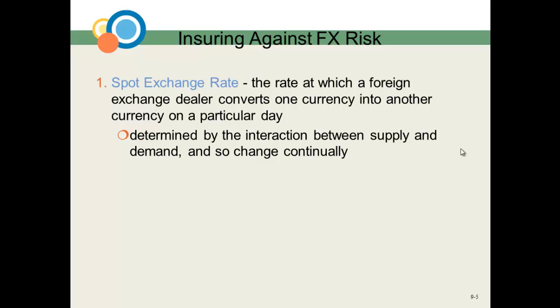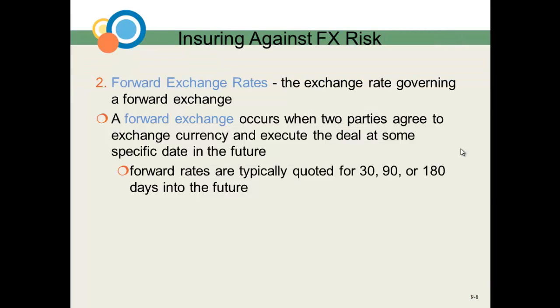Okay, now we've looked at the spot exchange rate, which is the current conversion price from one currency to another. Now, a forward exchange rate is basically the exchange rate governing a forward exchange, and a forward exchange occurs when two people have agreed to exchange two different currencies at some date in the future.